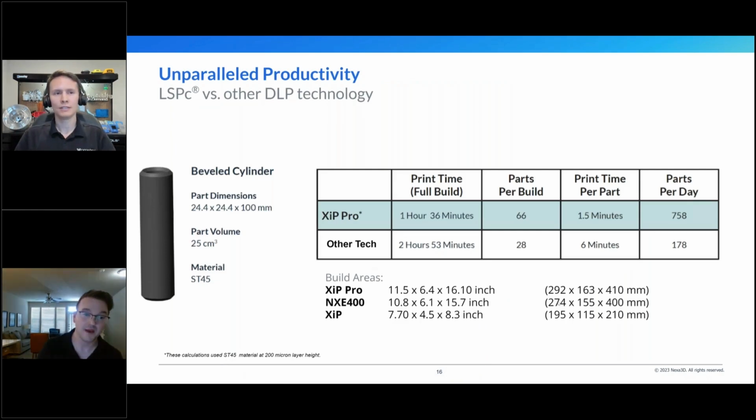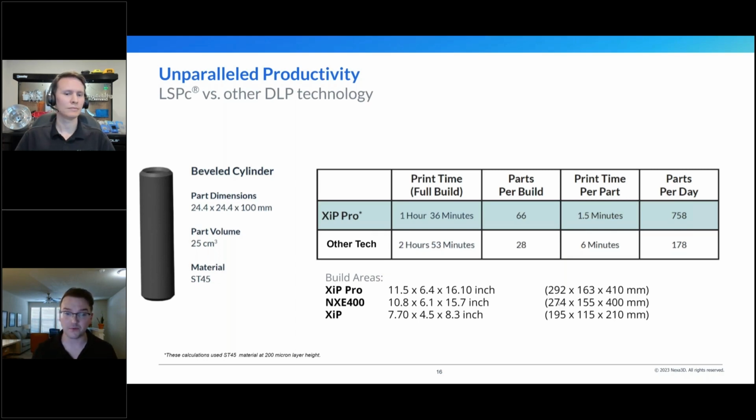Absolutely. So this is the example that I was talking about regarding throughput. This is an example of a genericized beveled cylinder here. Didn't want to point to a specific customer geometry. You can see here roughly 25 by 25 by 100 millimeters in size and 25 centimeters cubed in part volume. This was built on our ST45, which is our second fastest printing material, but also a really robust engineering material.